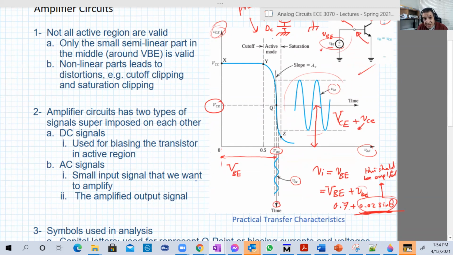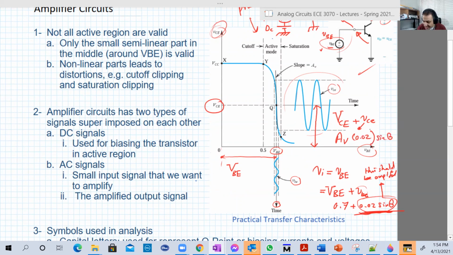The amplified version means it was multiplied by some amplification gain. So V small CE small should be something like this. Let's say AV, which is the symbol for the amplification, like 5, 6, 10, whatever, 100. That means it's amplified 100 times, times 0.02 times sine theta.